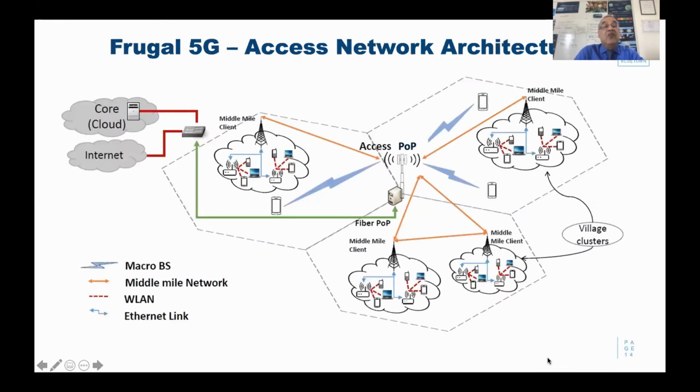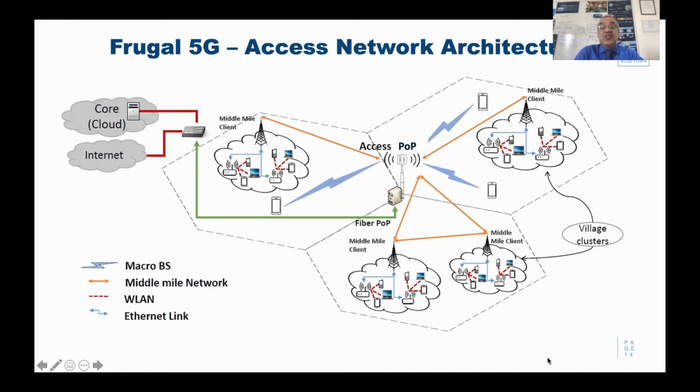You have to have a point of presence with the optical fiber cable, which connects the access point to the internet and to the core or to the cloud basically. Once you have reached there, then the wireless takes over. So macro BSC is there, middle mile network is there, wireless LAN is there, and somewhere an Ethernet link.